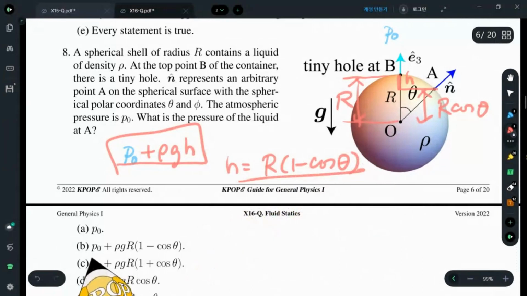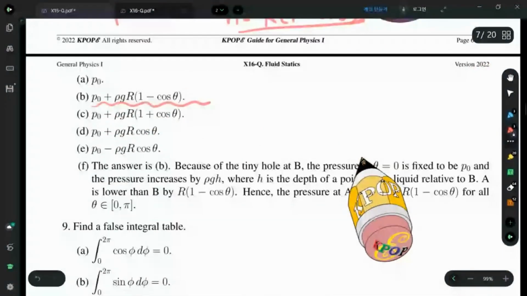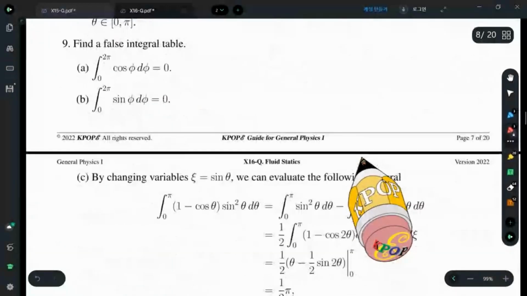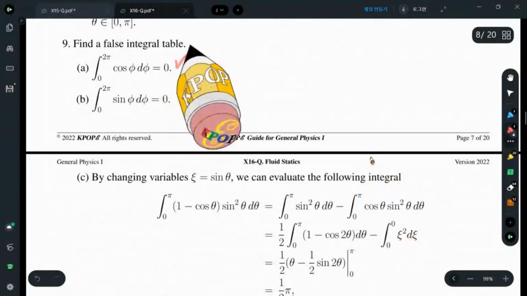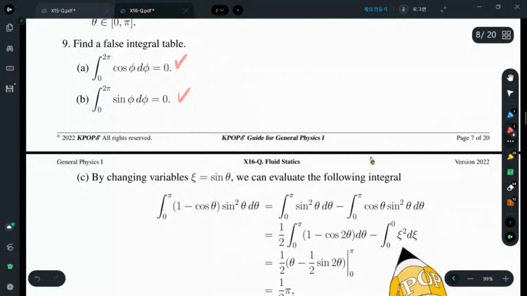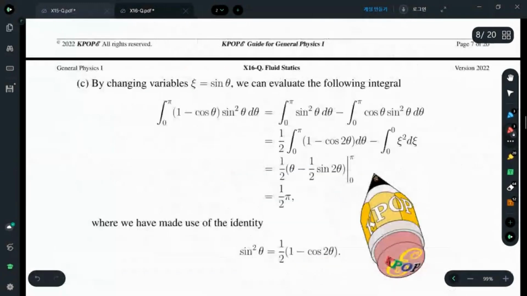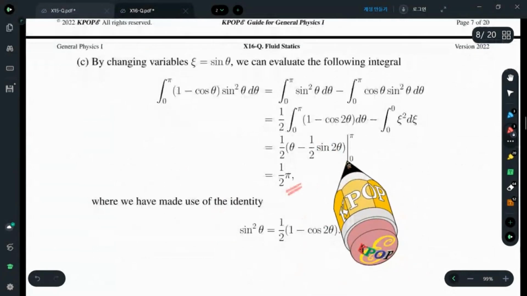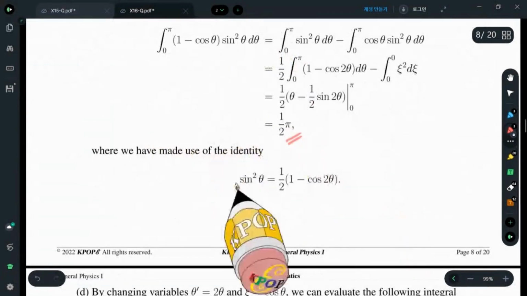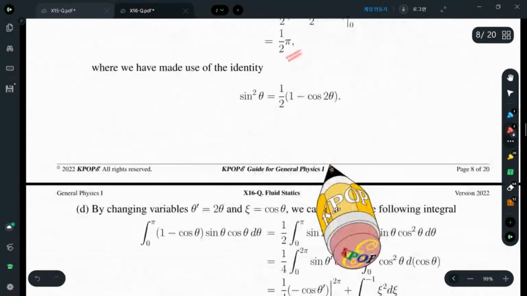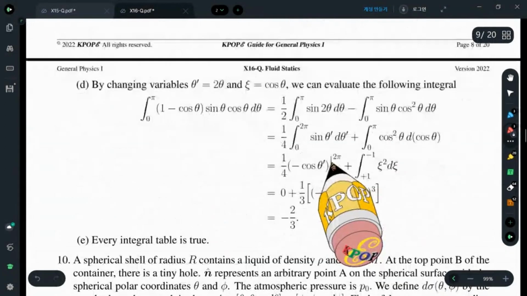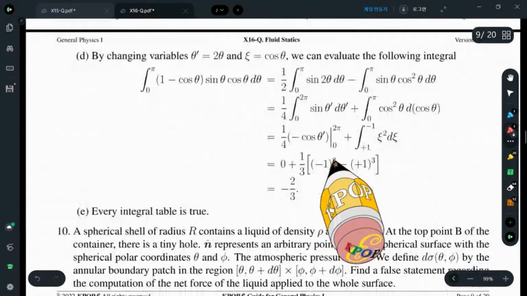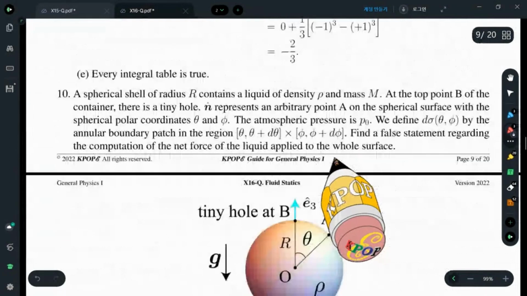So the answer is this. You can just follow this to find the definite integral. We have to evaluate definite integrals to find the exact value for the pressure inside the liquid.